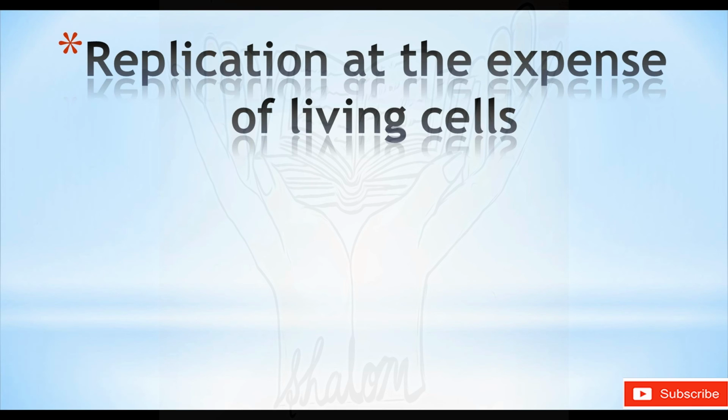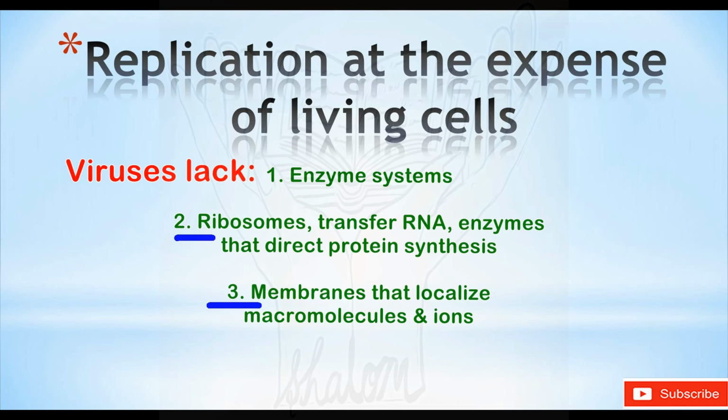Apart from enzyme systems, viruses also lack ribosomes, transfer RNAs and associated enzymatic machinery that directs protein synthesis. They also lack the membranes that localize and concentrate in a defined space the cellular macromolecules, organic and inorganic molecules and ions required in growth and metabolism.